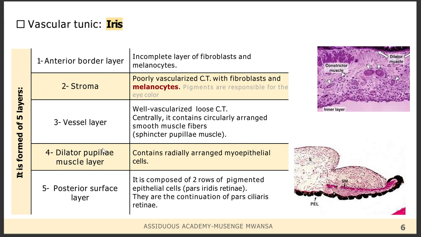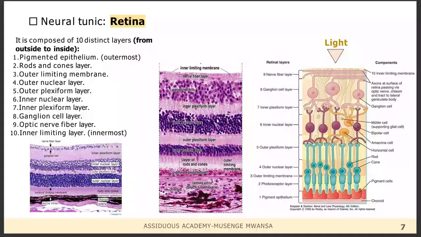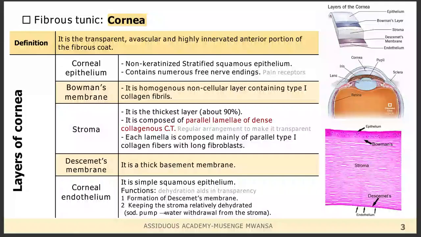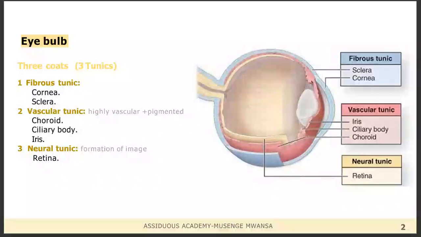Okay. The dilator pupillae. Let me see if I can try to draw this so that it makes sense.